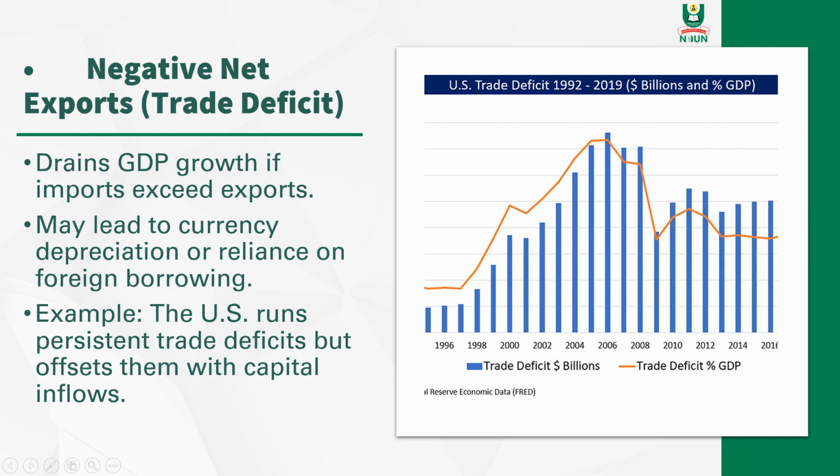It went down a little bit and started skyrocketing again around 2010, 2012, and it has been like that up till 2019. The orange color there shows the trade deficit as a percentage of GDP. So the US is trying to balance things up with capital inflow into that country, despite its balance of payment deficit.